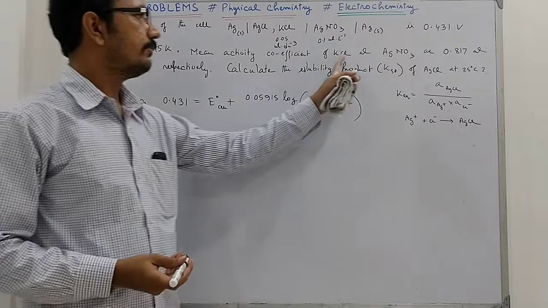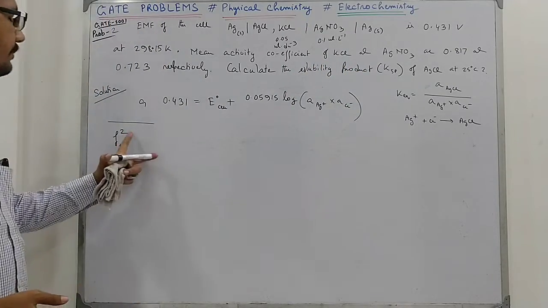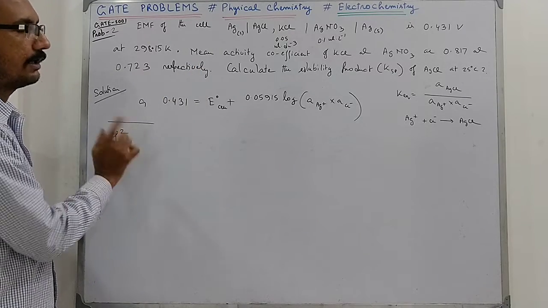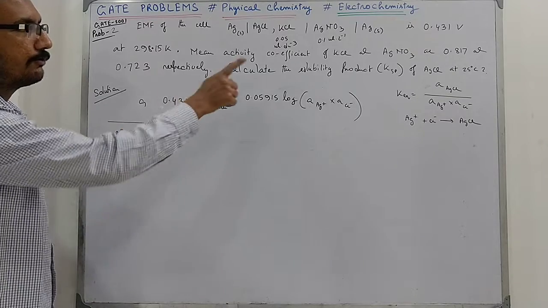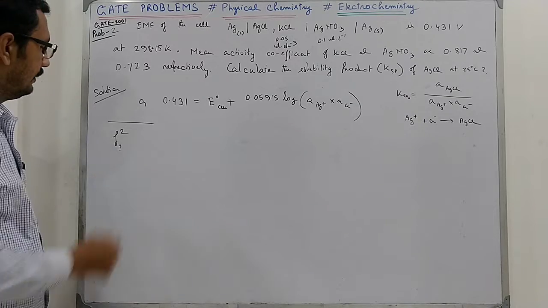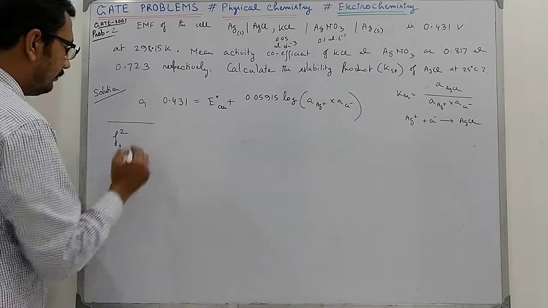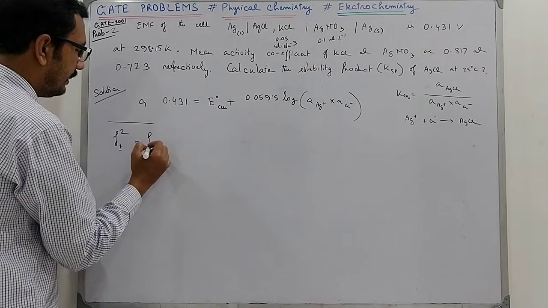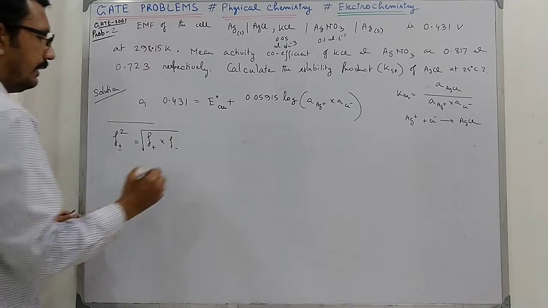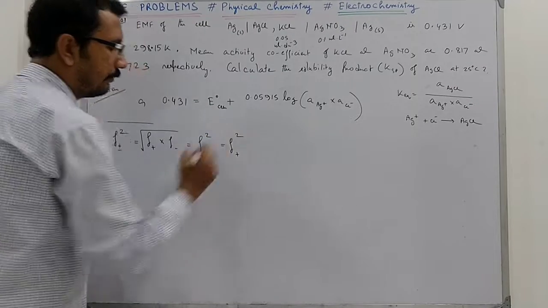the mean activity coefficient of any salt will be f plus minus to the power. For a univalent salt we are getting plus 1 and plus 1 here: plus 1 for the K plus and plus 1 for the Cl minus. So it will be f plus minus square. Now this is the mean activity coefficient for this KCl. It can be written as root over f plus into f minus, or f minus square, or f plus square.